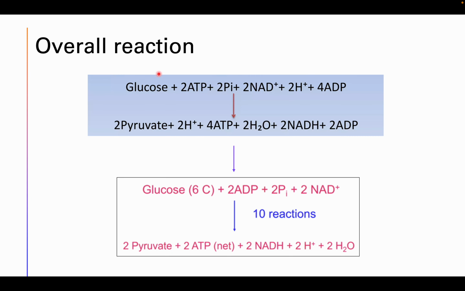What we get is 2 molecules of pyruvate, 4 molecules of ATP, and 2 molecules of NADH. Balancing it, because we spent 2 and got 4, we get in total 2 molecules of ATP and 2 molecules of NADH. This is enough, because if you convert the NADH into ATP through the electron transport chain, you get enough immediate energy if you require it.